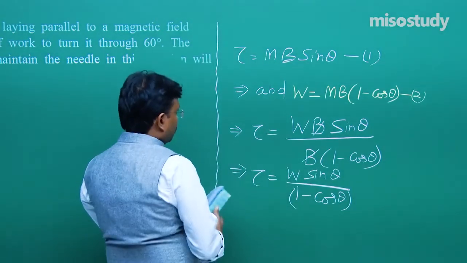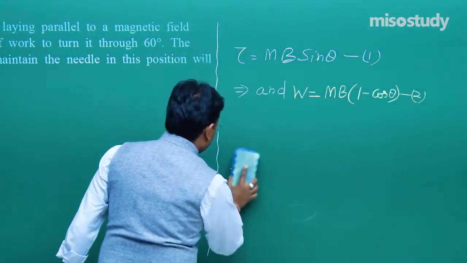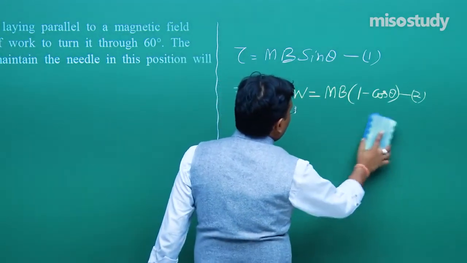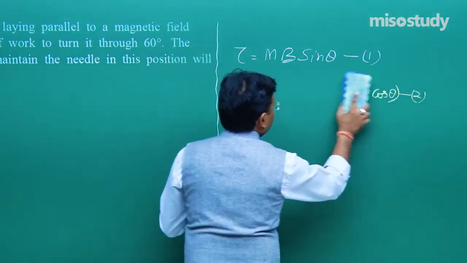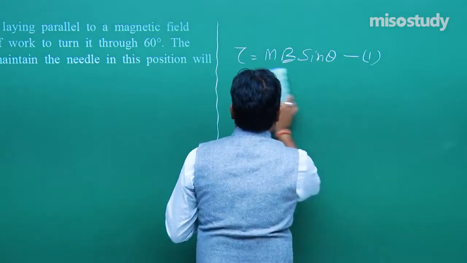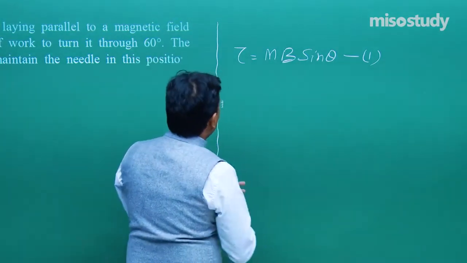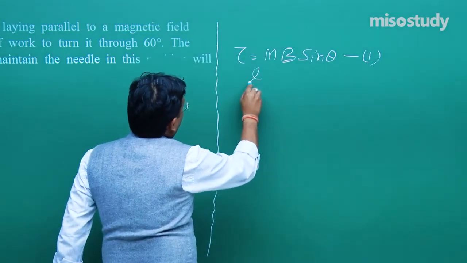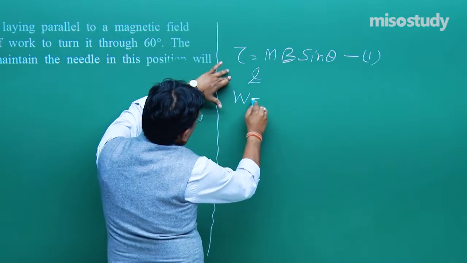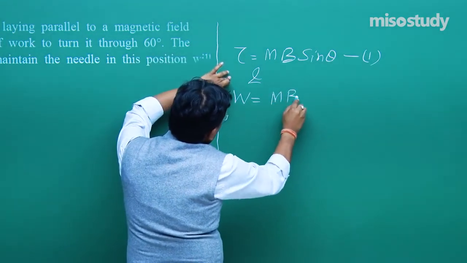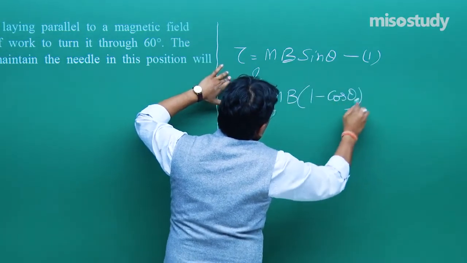I think I should resolve it, otherwise few of you will not be able to understand this simple step. I think the approach should be like this. Let me make it more simple. The same thing but with a different approach. And w is equal to mb(1 minus cos theta).